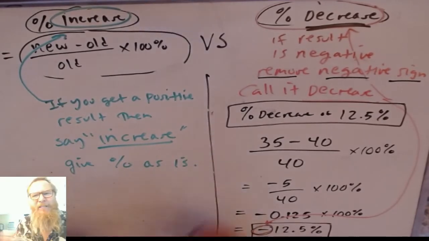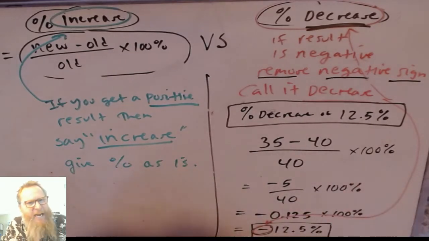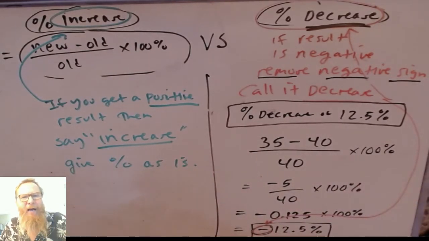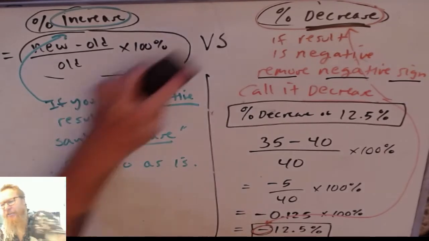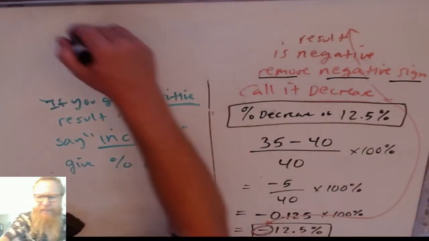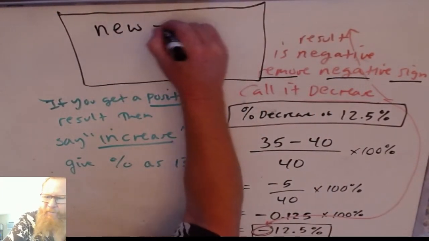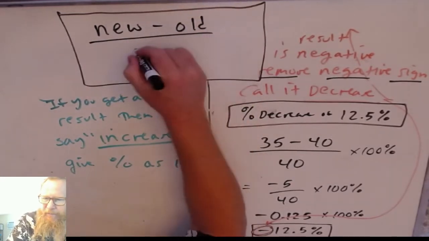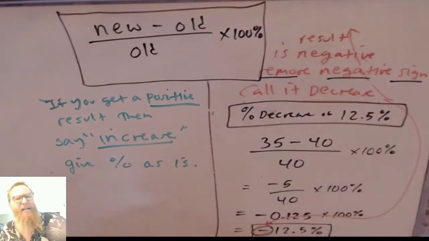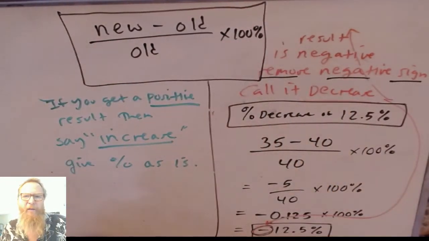Because if you get a positive result, then it is what it is. It is an increase. It's a positive amount. And now the great thing about this is no longer do you need 2 formulas. Now you only need 1 formula. I've just lightened your load. Buy one, get one free. You really only need this one formula.